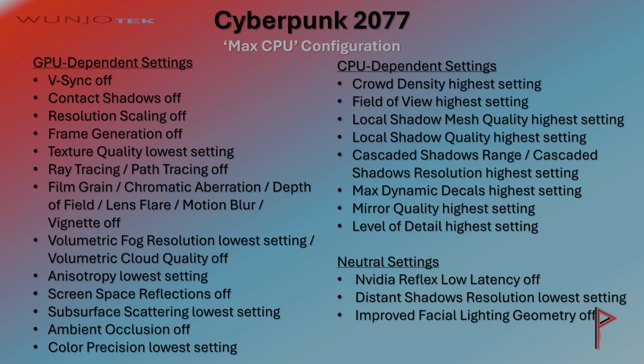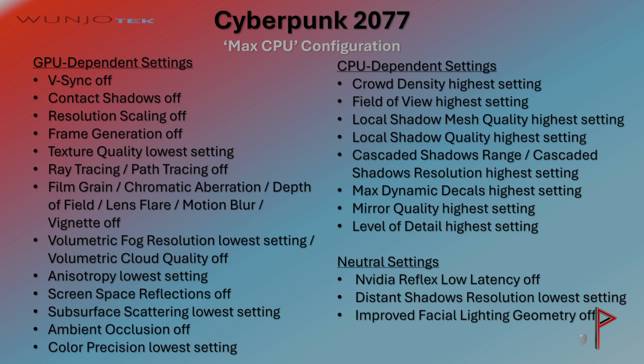Volumetric fog resolution, volumetric cloud quality. This is light interacting with air and fog, etc. It does involve some CPU culling work to tell the GPU which light sources are close enough to the fog to be worth calculating, but it's minimal compared to the GPU's duties.